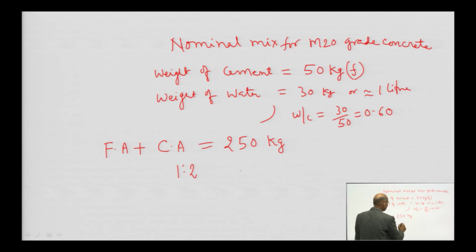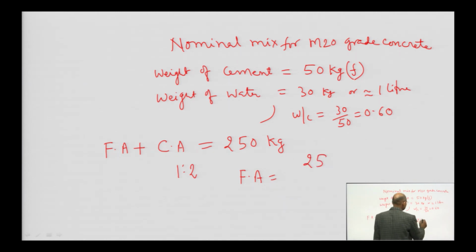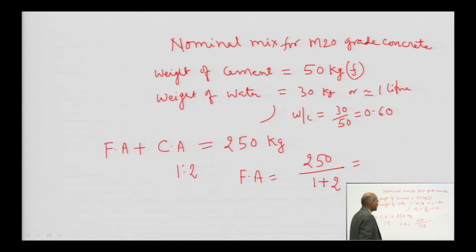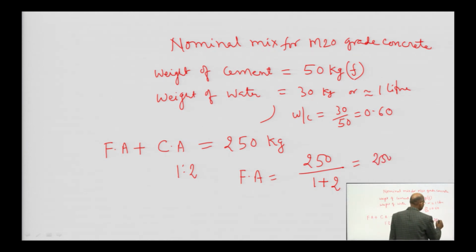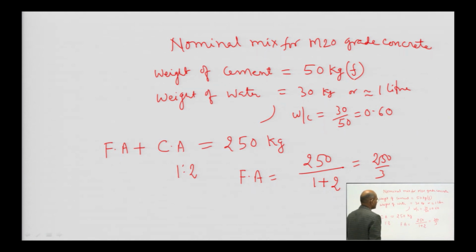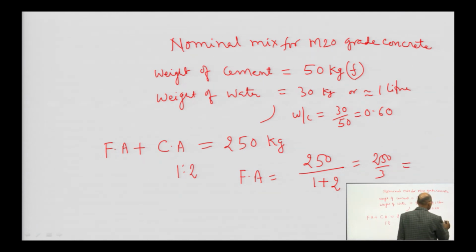So, what is the amount of fine aggregate? Fine aggregate will be nothing but 250 divided by 1 plus 2. So, this thing we have to calculate: 250 by 3.